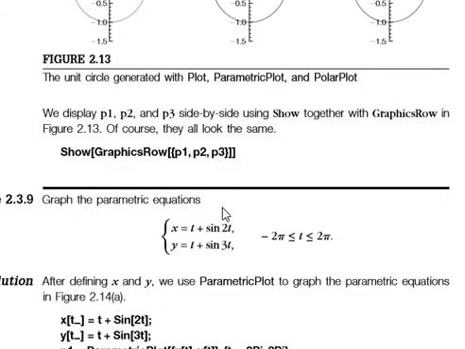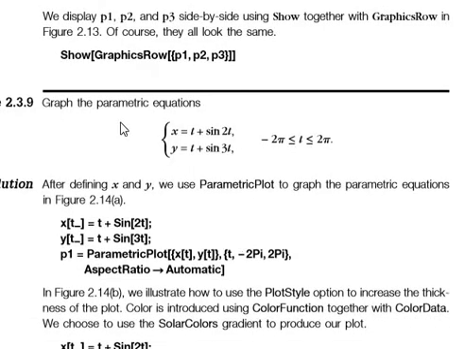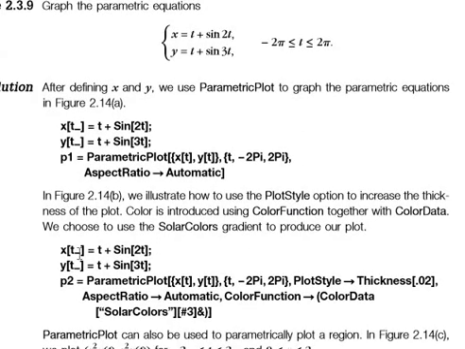Here is another example for the parametric equations or the parametric plot. This one is our given function, and for the function, first of all we define it in Mathematica; this one is defined here, the second one is defined here, and next we plot the graph of p1 and p2, with x(t) having this value and y(t) having this value.